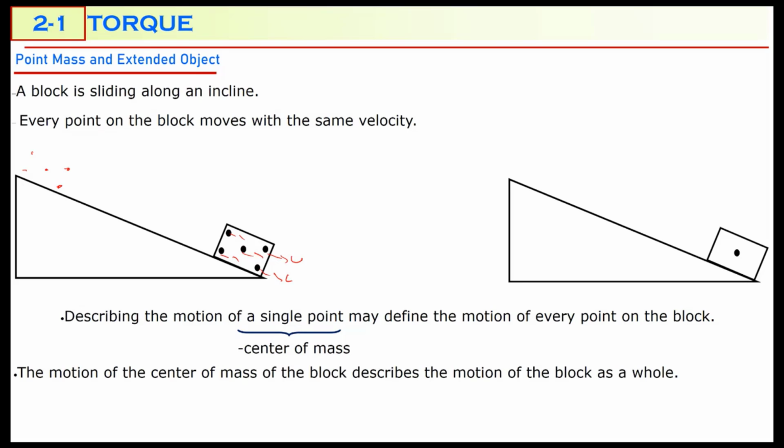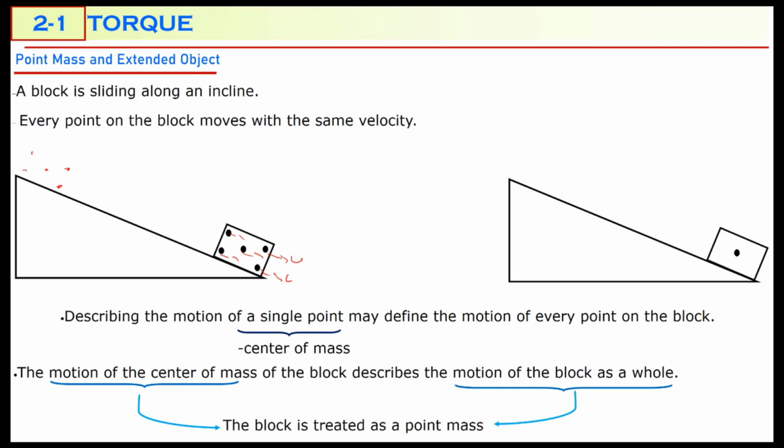So describing the motion of a single point, the center of mass, describes the motion of the block as a whole. Then, in fact, I just studied the motion of one point. I didn't study the object as a huge object, just one point. In physics, this is described as the block being treated as a point mass.